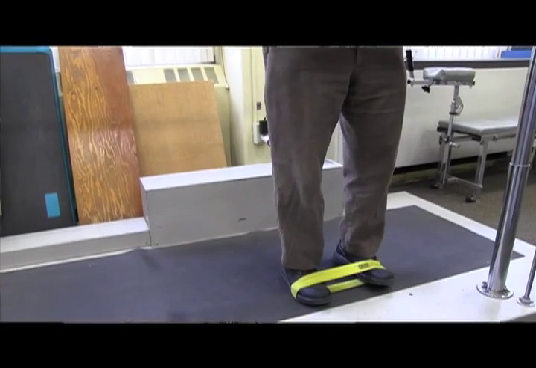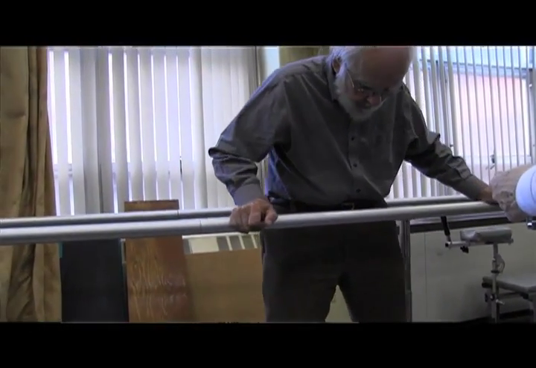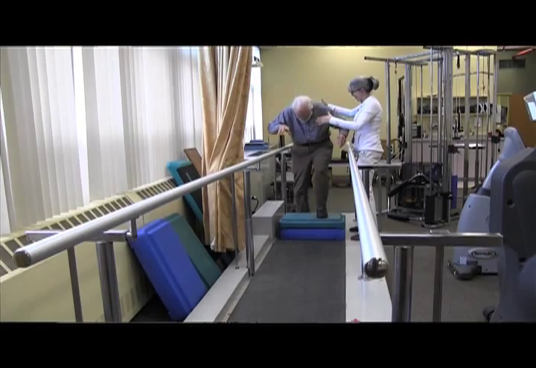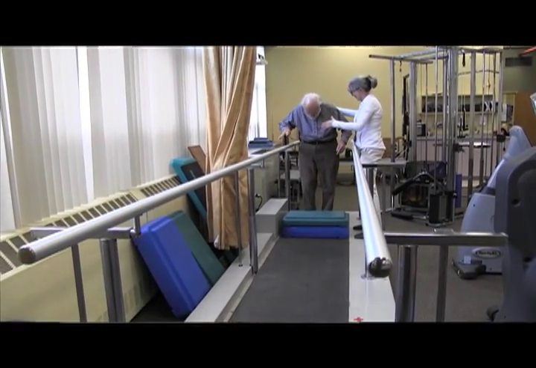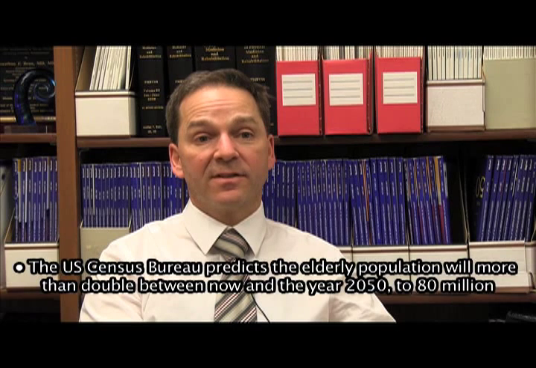If we look through the lens of mobility problems, it actually allows us to look more systematically at what the factors are that contribute to their functional decline and what the ways are that we can help them best.